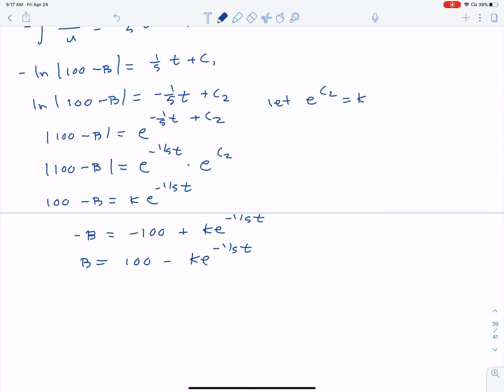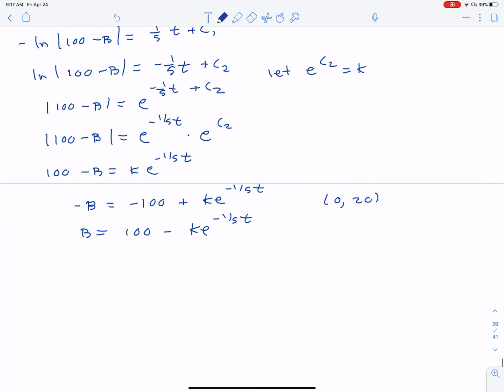Okay, now let's start plugging in our given initial conditions. I've got my general solution, but I need to plug in at time 0, the bird's weight is 20. So I get 20 equals 100 minus k e to the negative 1/5 times 0, which is 0. So this is going to be 20 equals 100 minus k, since e to the 0 is 1.